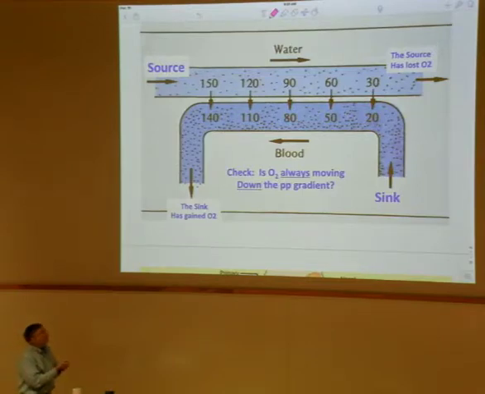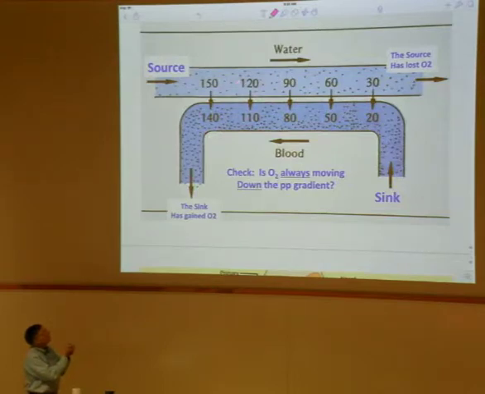Okay? And then the last thing you have to check is, is oxygen always moving down a gradient, or whatever it is? Is heat always moving from an area of higher heat to lower heat? Is oxygen or whatever else you're transferring always moving down the gradient? Okay? So here's your source, water coming in at, say, 160 millimeters of mercury, partial pressure, and it encounters blood that's a little lower. Not that much lower, because the sink has already picked up a lot of oxygen. Notice it's picked up oxygen all the way along here. And so it might be 140.